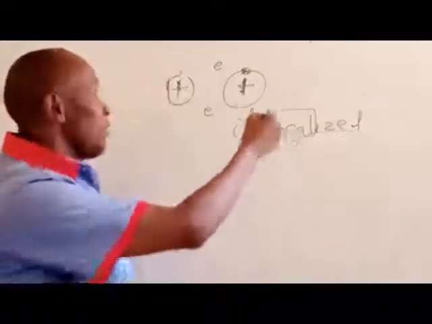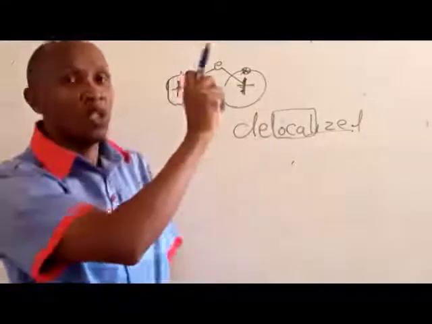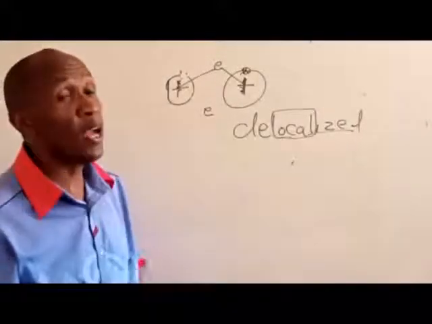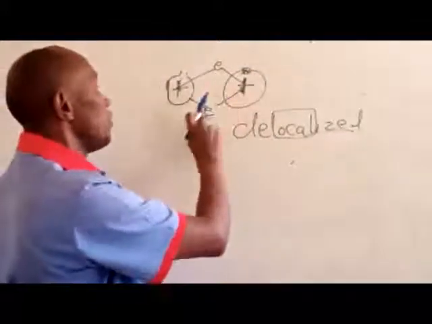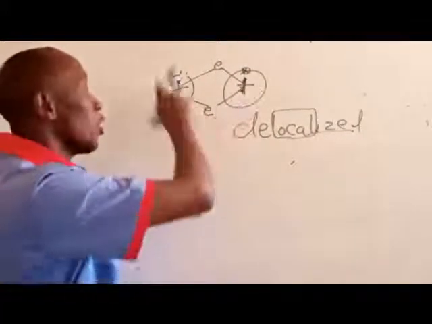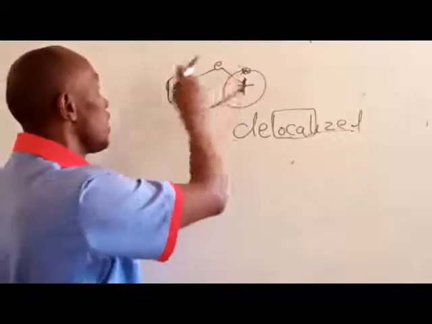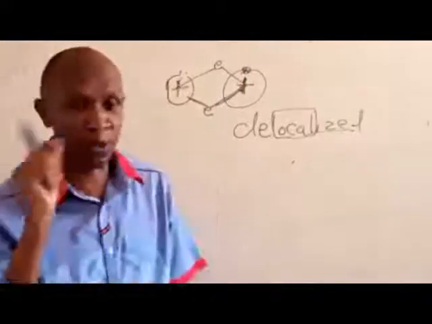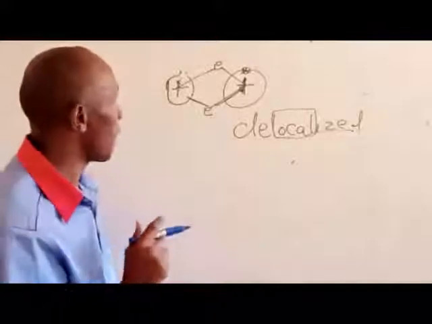So the attraction between this and that now holds the two ions together. And there will be very many electrons. So we talk of a sea of electrons. The attraction of these ions to that electron will now constitute the bond between them. That's what we call a metallic bond.